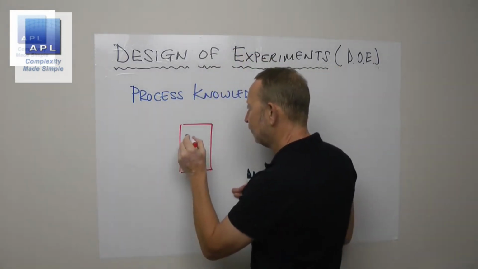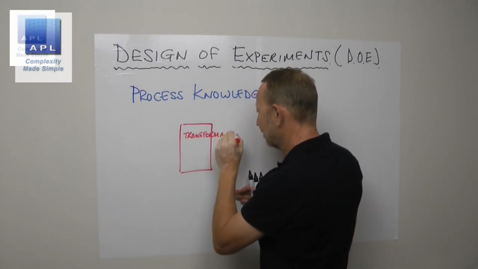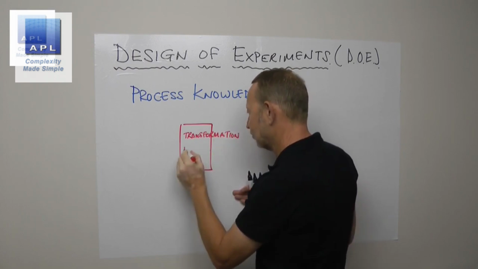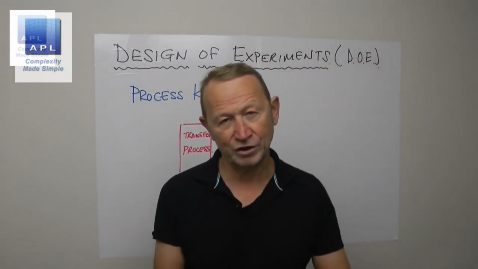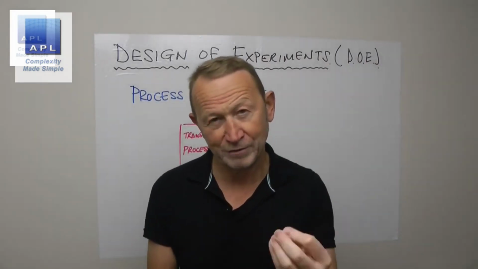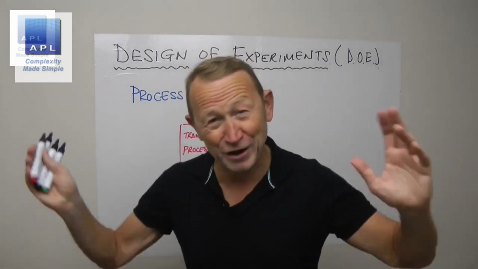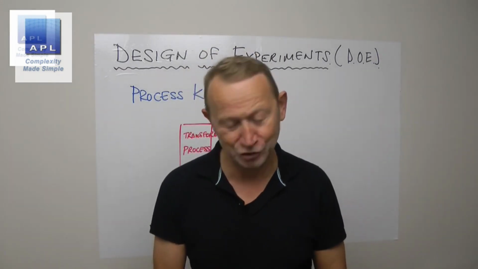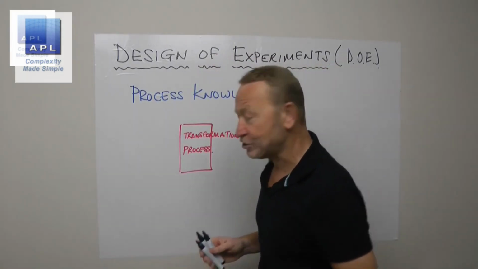So you have, let's call it, a transformation process. You are trying to get process knowledge for that transformation process. Why can't I just do some experiments and find out? Well, this is the challenge that's in front of you.